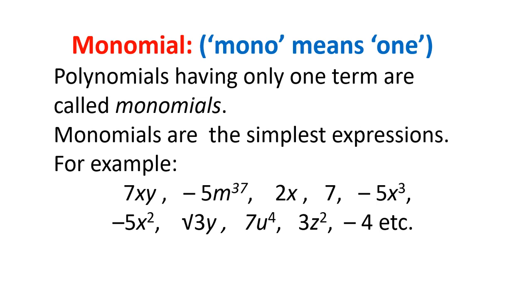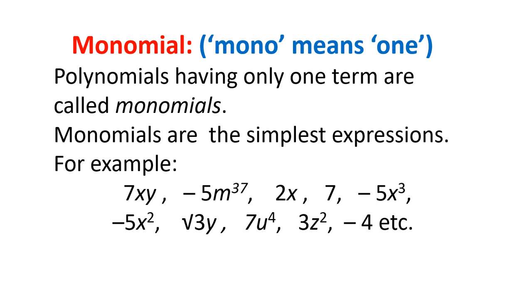So monomial means one. Polynomials having only one term are called monomials, and monomials are the simplest of algebraic expressions. For example, 7xy, minus 5m raised to power 37, 2x, 7, as we have learned in the previous video that real numbers are categorized as constant polynomials.